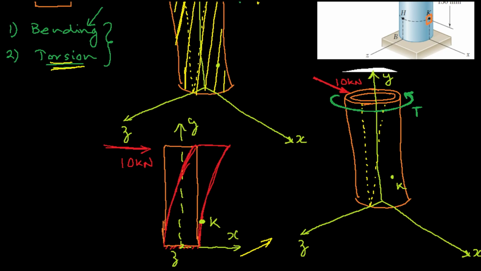Let's calculate both of them separately, and then we can add them. The principle of superposition works because the deformation and the stresses are very small, so we are in the linear zone of deformation.